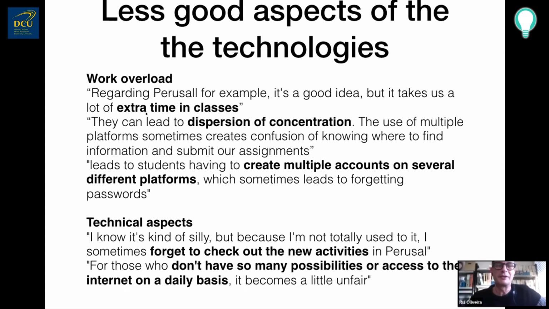It consumed extra time outside classes, dispersion of concentration between multiple platforms, the creation of multiple accounts, some aspects like forgetting activities, although I was reminding them about the activities by email, and the problem of students that could not have good access to the internet. That would be really problematic for them.